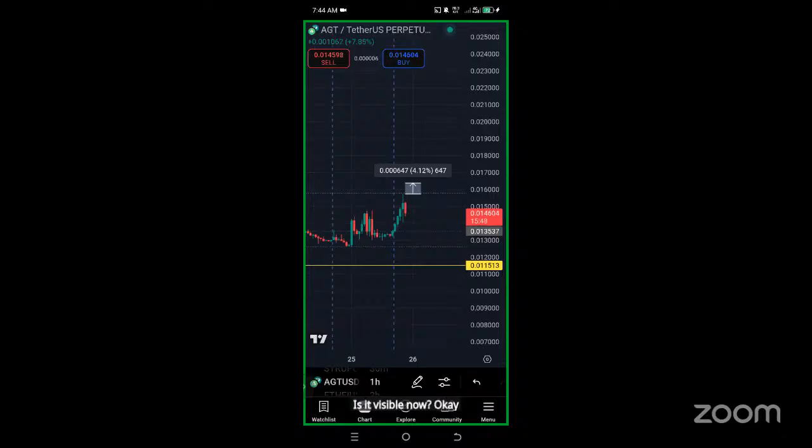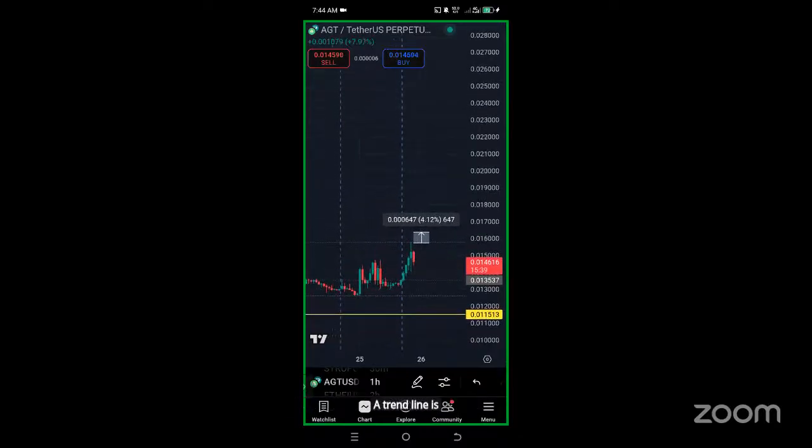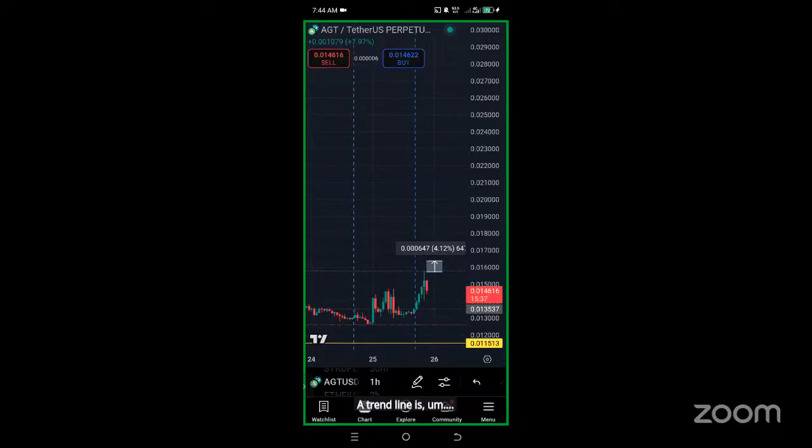Okay. So basically what is a trend line? In simple terms, a trend line is a straight line, most of the time drawn over a pivot high or under a pivot low, and then extended to the future so that it helps show price action and the prevailing direction of the price.